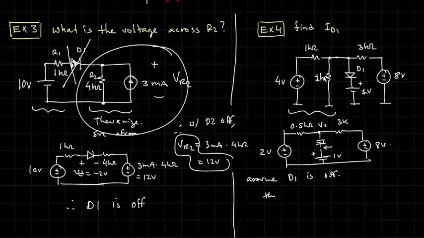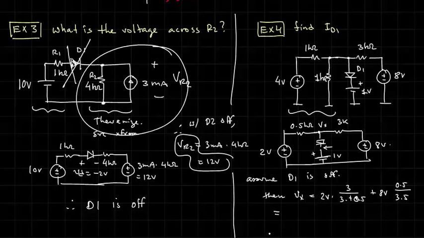Then I can write Vx is equal to, and I'm going to use superposition, 2 volts times 3K over 3 plus 0.5. Okay. And then I have 8 volts times the voltage division of 0.5 over 0.5 plus 3, so 3.5. Let me rewrite that.